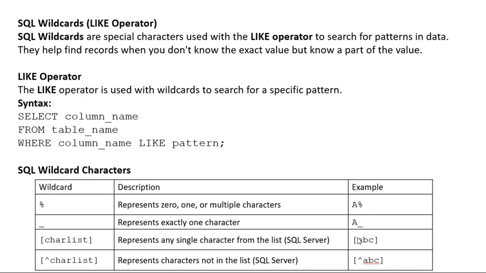Square brackets with ABC inside means any one of those characters. And square brackets with the caret sign, like [^ABC], represent a character that is not in the list, in SQL Server.